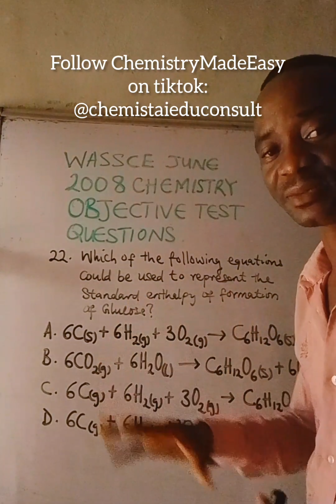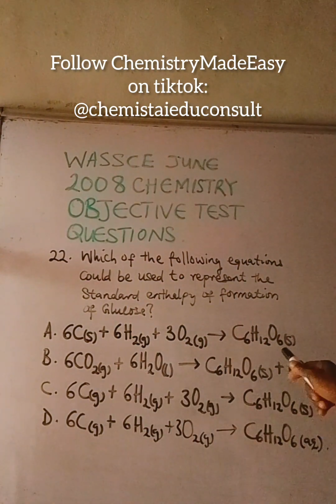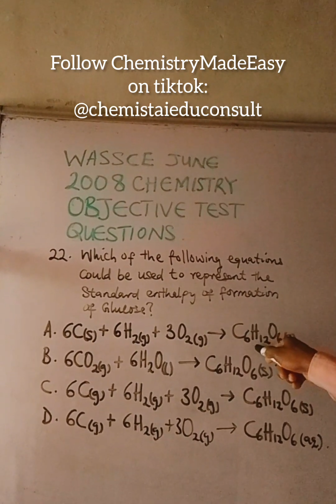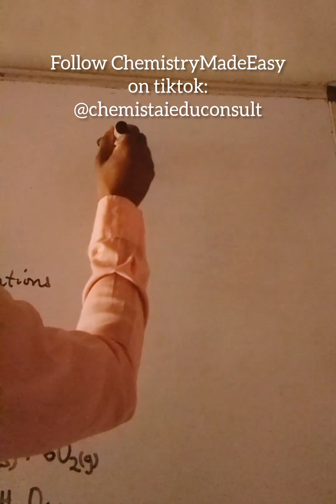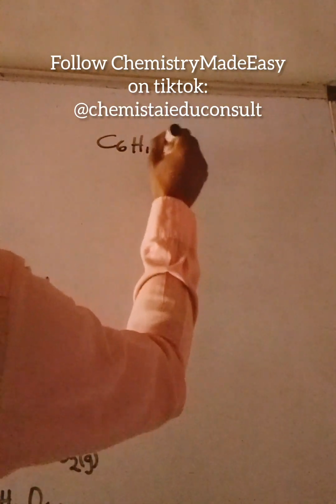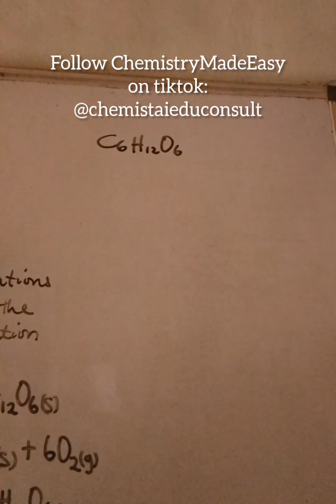In fact, there are many possibilities towards the production of glucose. Look at the possibilities. Glucose, C6H12O6. There are many possible ways of arriving at glucose.